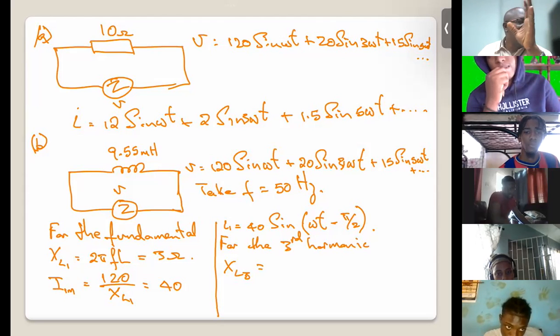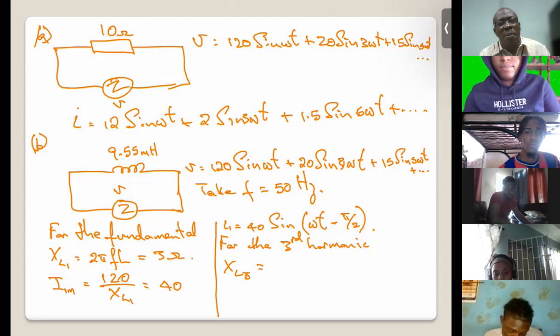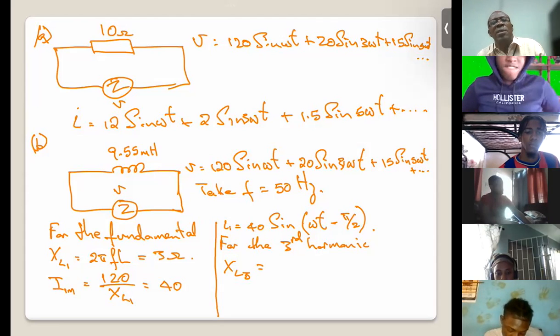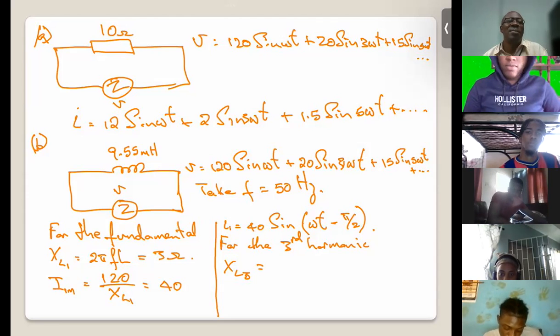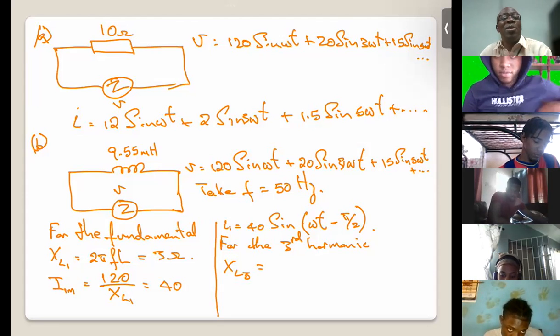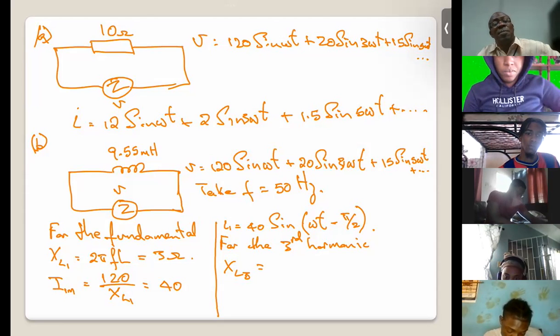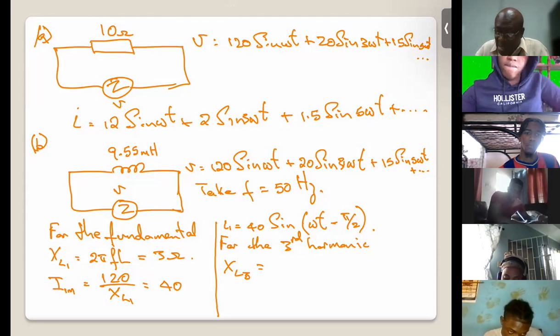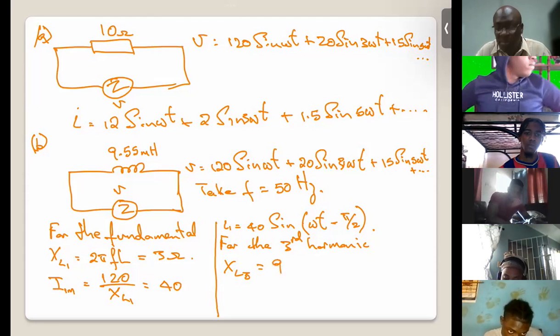So if I have XL at the fundamental and I triple the frequency, what will happen to XL? It will be 9. You don't even have to go back to the 2 pi FL anymore. Because you have tripled the frequency, XL3 is equal to 9.